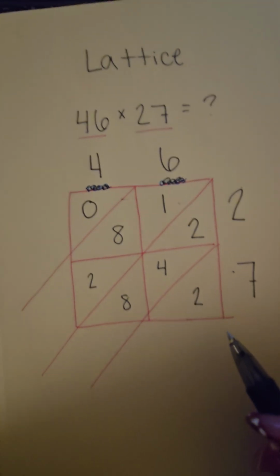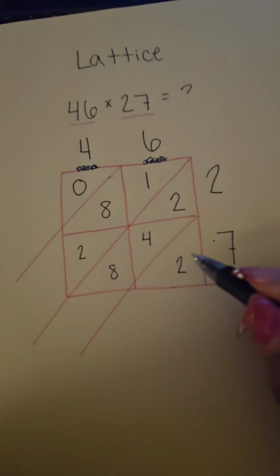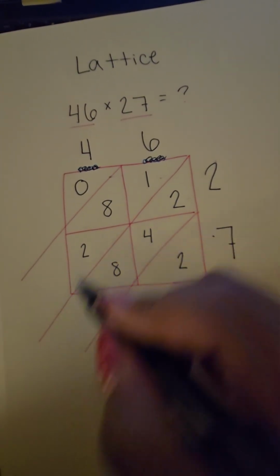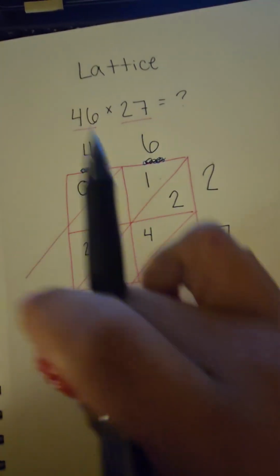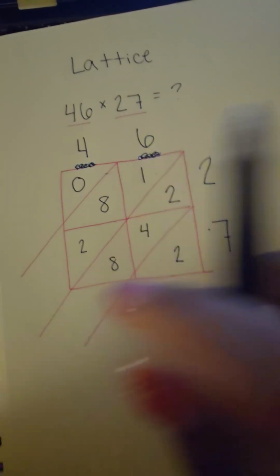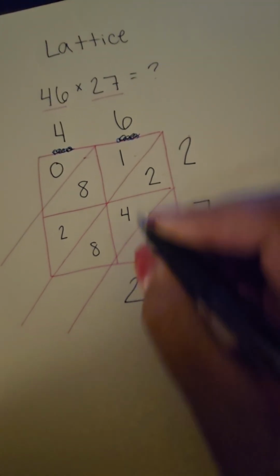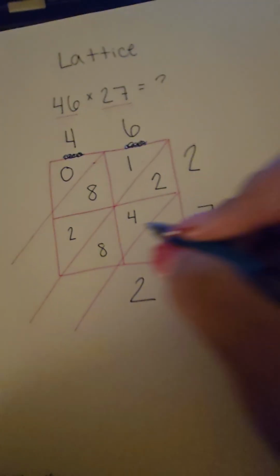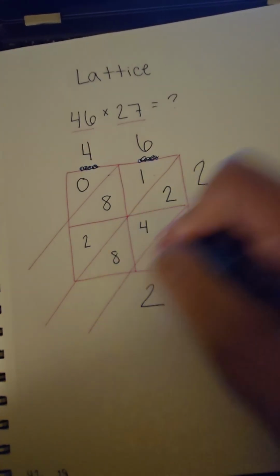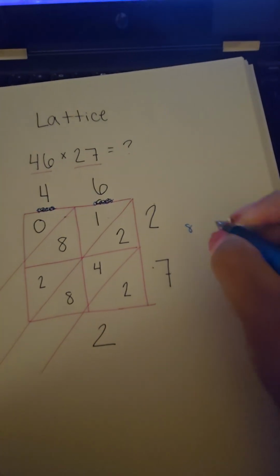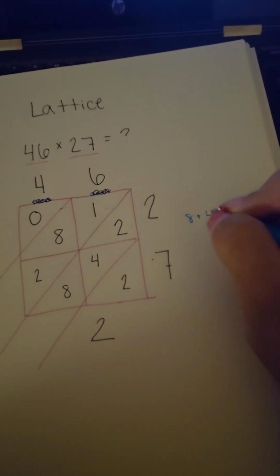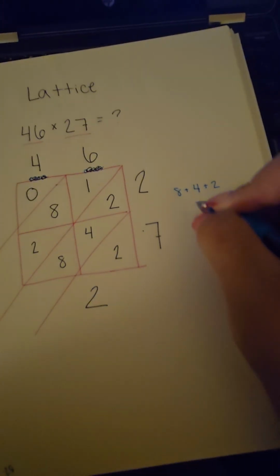Next, we are going to add diagonally. That's why we did that. And this would get us our place values of the final product. So here we have a 2, putting that down. Here, I'm going to actually write it here on the side. We have 8 plus 4 plus 2.